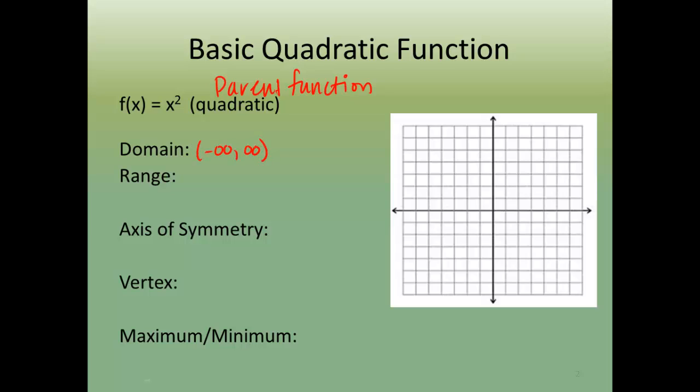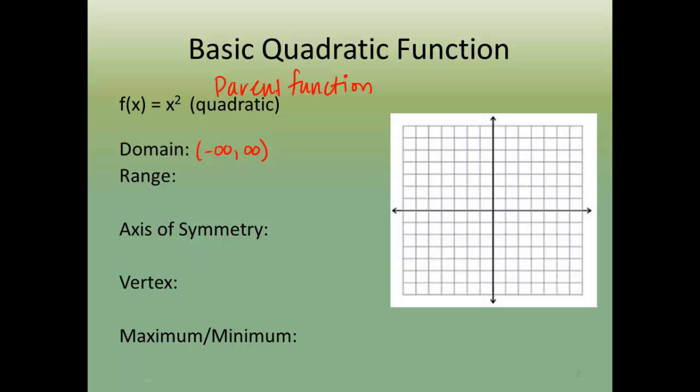My range is the output. So if I'm allowed to square positives, my output is a positive number. If I square 0, my output is 0. And if I square a negative, my output is positive. So when you determine your range, you consider: if I'm allowed to put in any number I want, what restrictions are on the numbers that will be my output values?